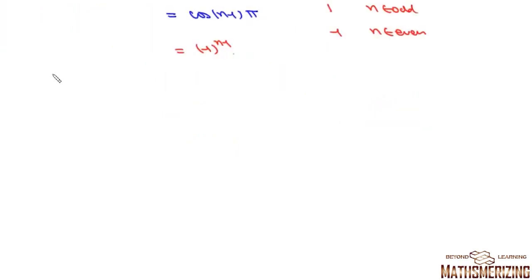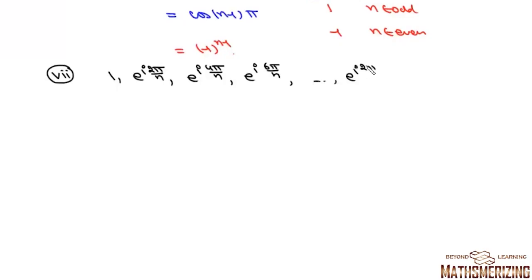Now this seventh result is, suppose 1, e to the power iota 2 pi by n, e to the power iota 4 pi by n, e to the power iota 6 pi by n, up to e to the power iota 2 pi (n minus 1) by n are nth roots of unity, then for each of these roots their modulus is 1.